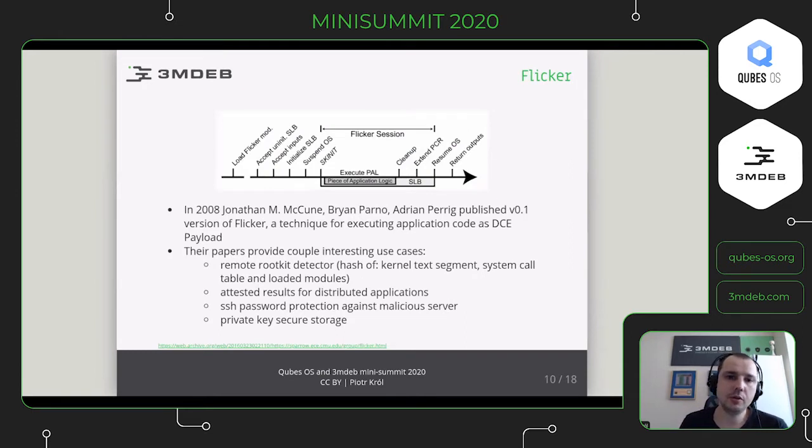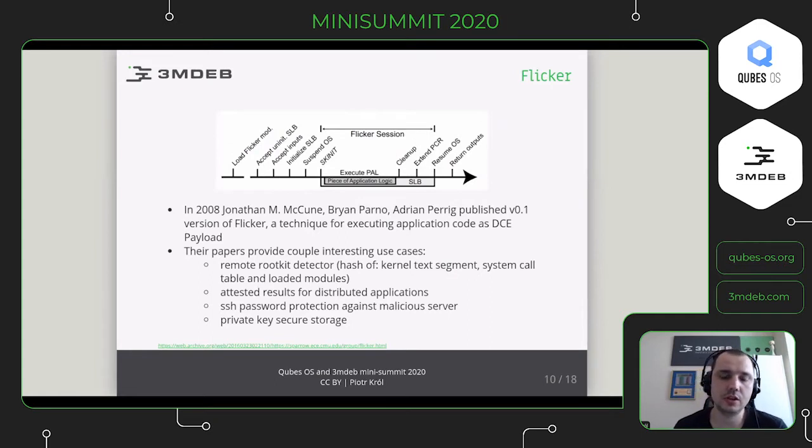Okay, so maybe let's get back to 2008 and the paper presented, and code also presented, by McCune, Parno, and Perrig. They created something called Flicker, which they explain as a technique for executing application code, those DCE payloads.